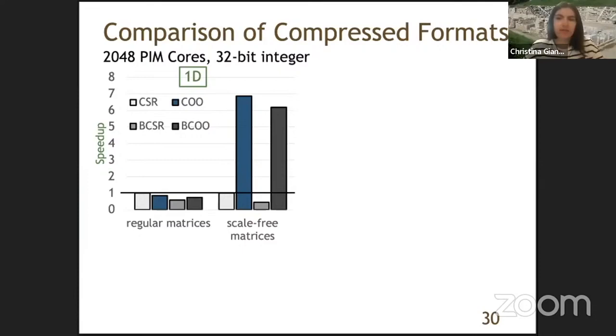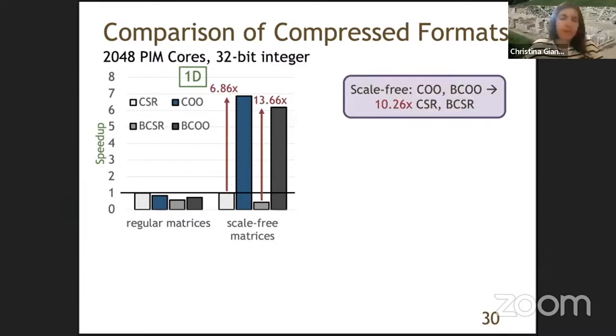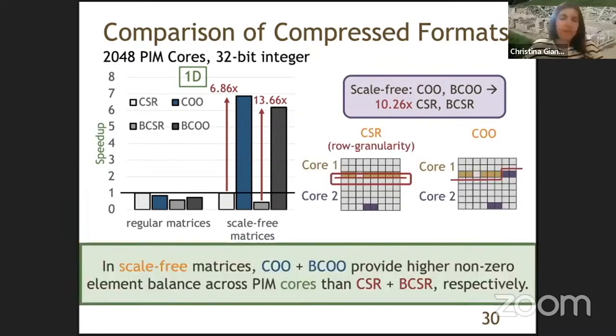In the 1D partition kernels, we find that in scale-free matrices, Q and BQ formats significantly outperform CSR and BCSR formats respectively. This is because Q and BQ formats provide higher non-zero element balance across PIM cores, since CSR and BCSR formats are limited to perform load balancing at a row and block granularity, respectively.